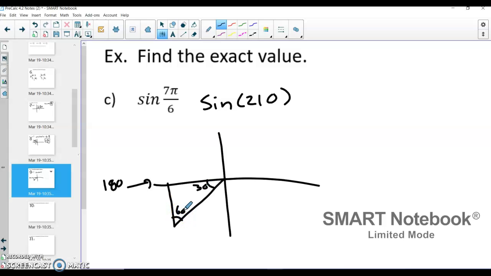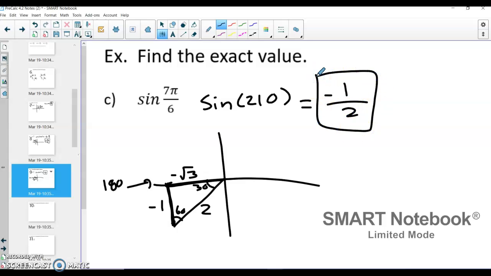Across from the 30 would be a negative 1. The hypotenuse is 2. Across from the 60 would be a negative square root of 3. That's negative 1 because we're going down here. This is negative square root of 3 because we're going to the left here. Using sine, that's opposite over the hypotenuse, and so this would be negative 1 over 2. Negative 1/2 is my answer.